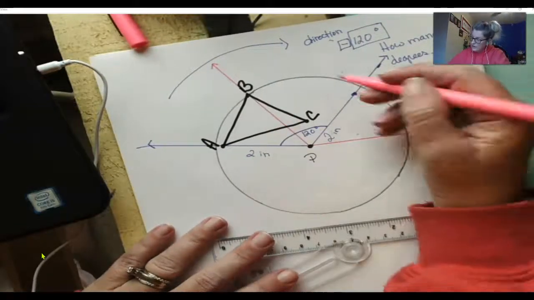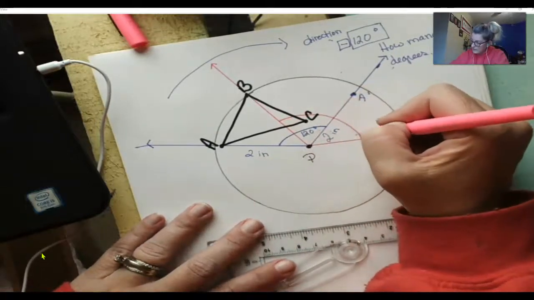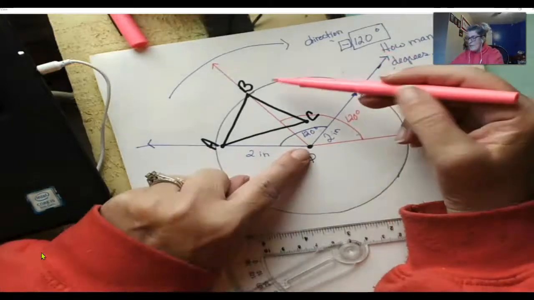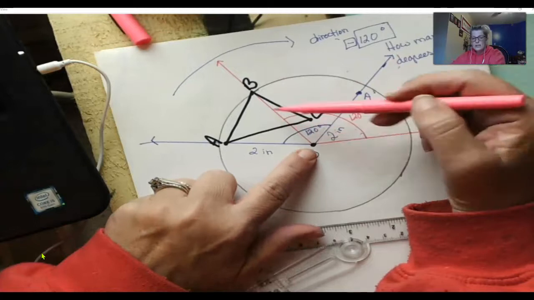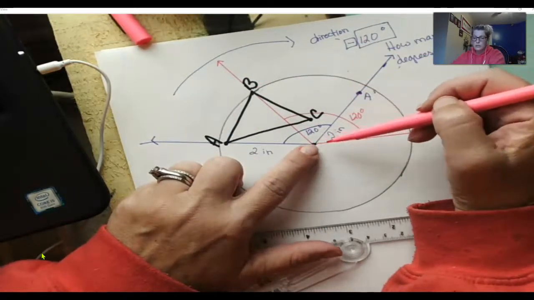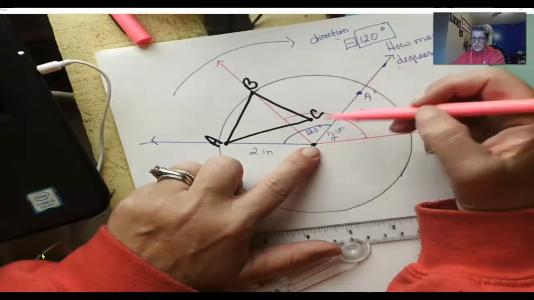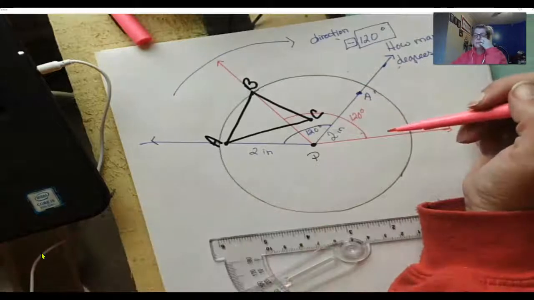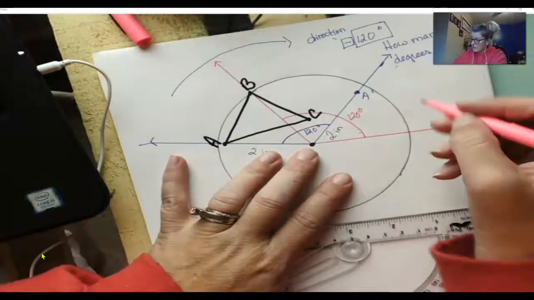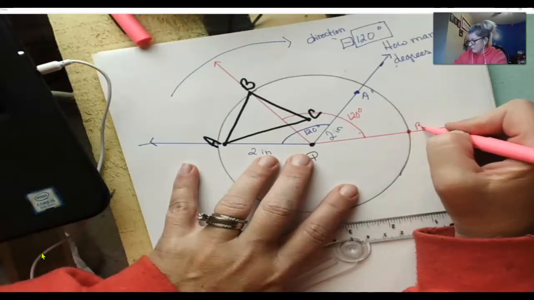So I know that from this pink line to this pink line is 120 degrees. My radius from P to B, I can measure it, or I can say, well, this is the circle for the B point, and we know that based on the definition of a circle, the radii are all the same. So I'm going to go to that circle and put my B prime.